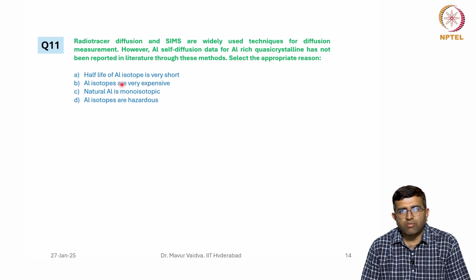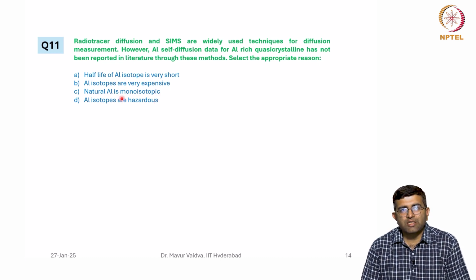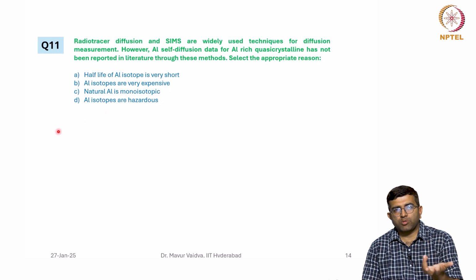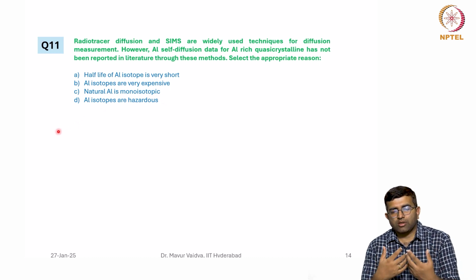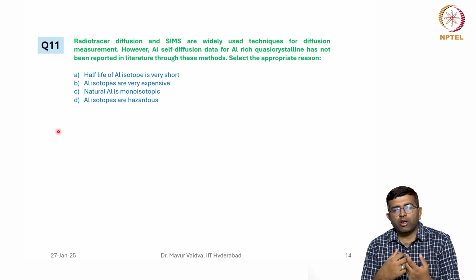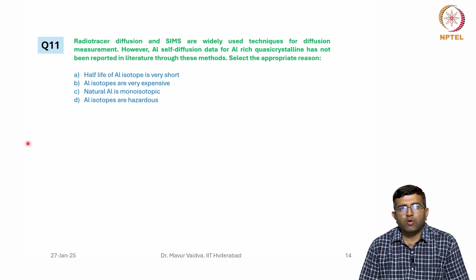Al isotopes are very expensive, natural Al is monoisotopic, or Al isotopes are hazardous. So, the correct reason is that natural Al is monoisotopic. There are no isotopes available for aluminum, and that is why you cannot use a radioactive technique or SIMS kind of technique to understand aluminum self-diffusion.